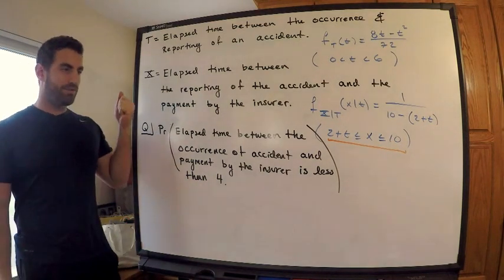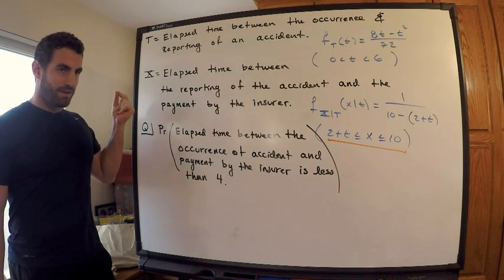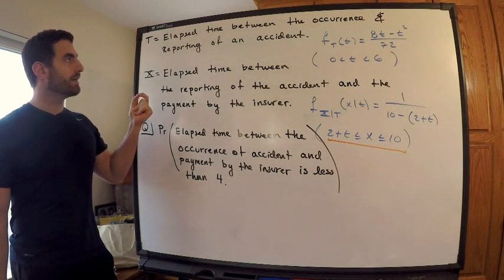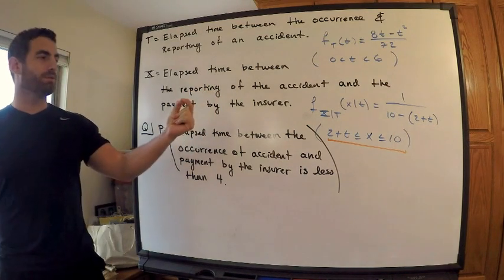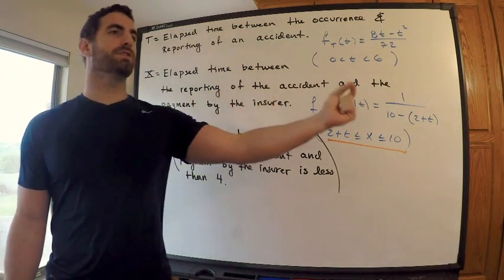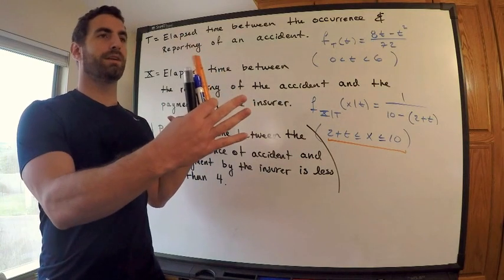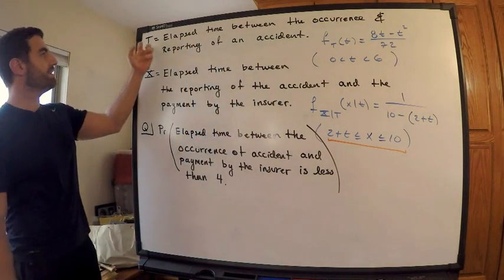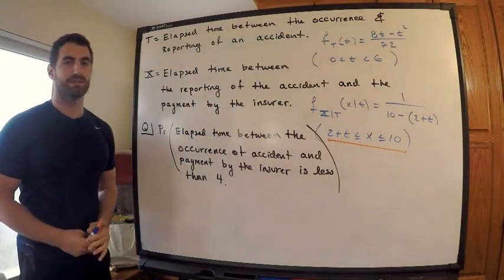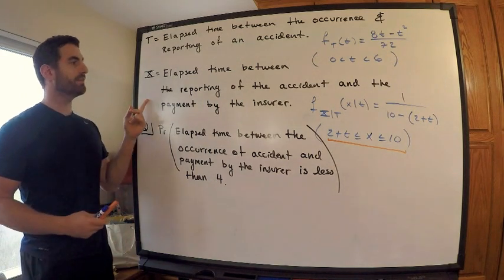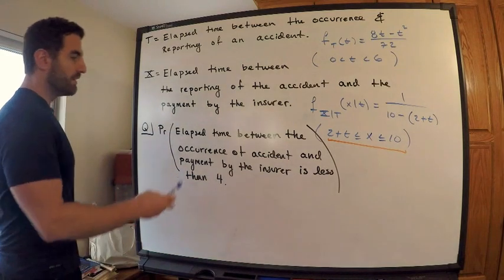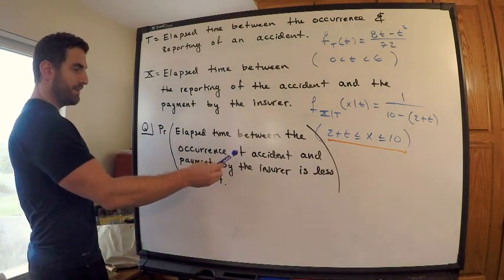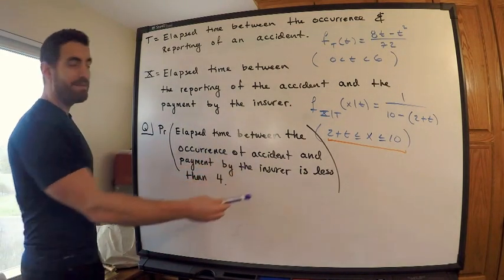I'm thinking of it as a timeline: I have an accident, then some time goes on before I report the accident, and then some time goes on between reporting the accident and the payment by the insurer. I'm looking for the whole thing. So t is the time between occurrence and reporting, and x is the time between reporting and payment.